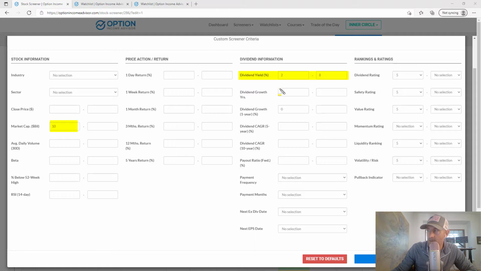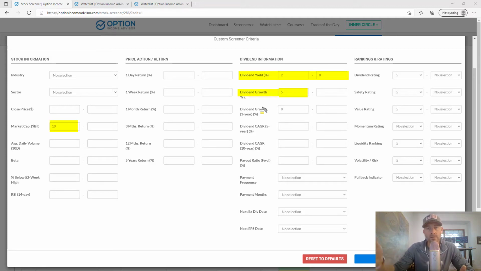Dividend growth in years, again, you can pick different filters here, but I just said 5 years. If I'm looking for a stable stock at this point in time, I want one that has been growing its dividend, right? Not one that maybe during the pandemic had shut its dividend off or at least held it flat.